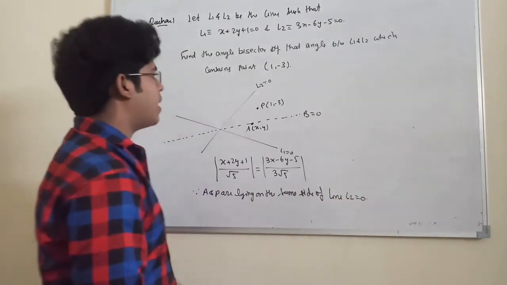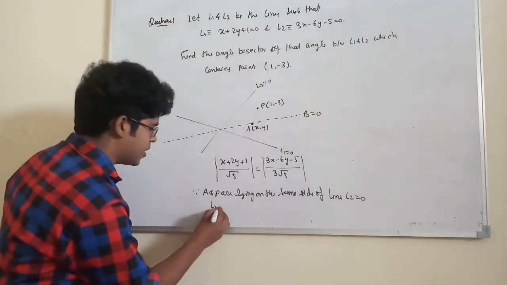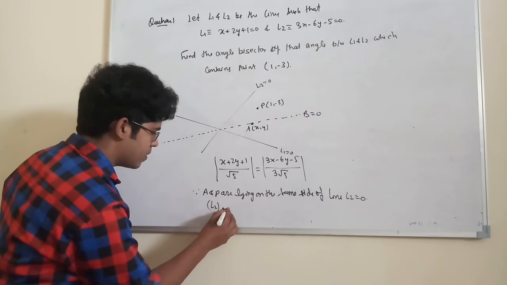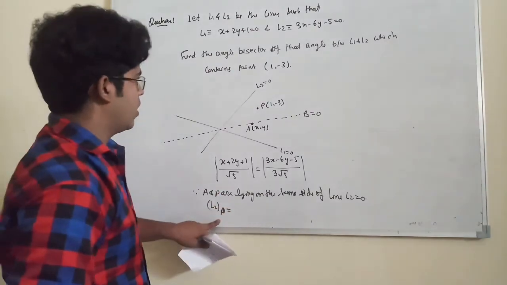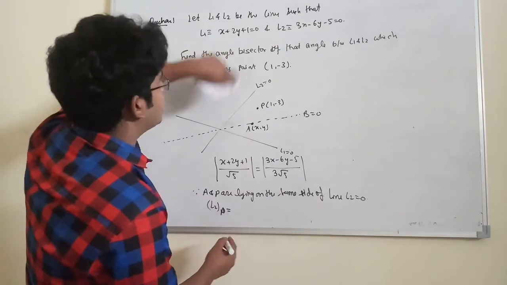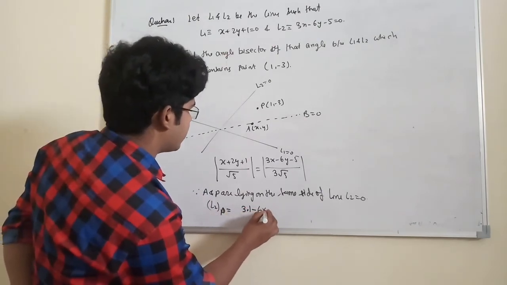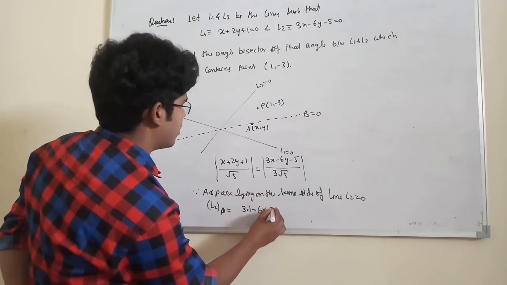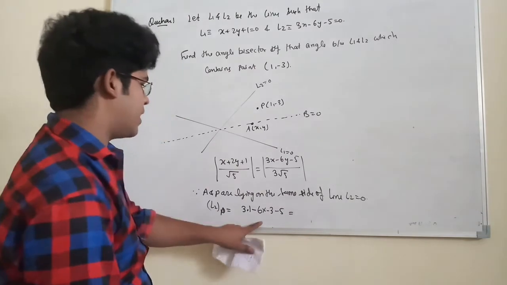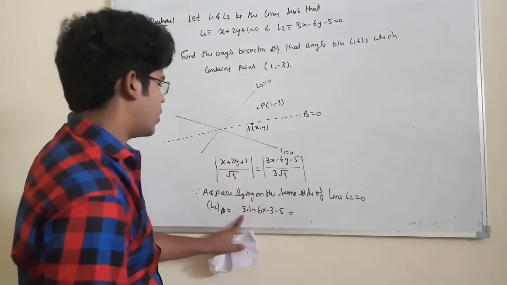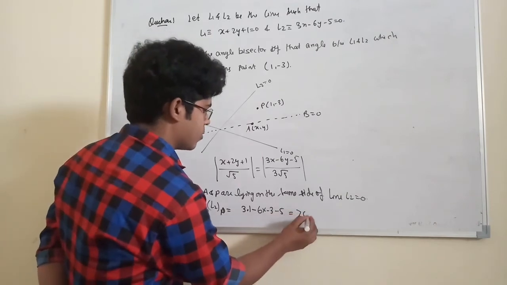So when I substitute 1 comma minus 3 in the line L2, that is L2 of P, it will be 3 into 1 minus 6 into minus 3 minus 5, that is 3 plus 18 minus 5, which is greater than 0, right?